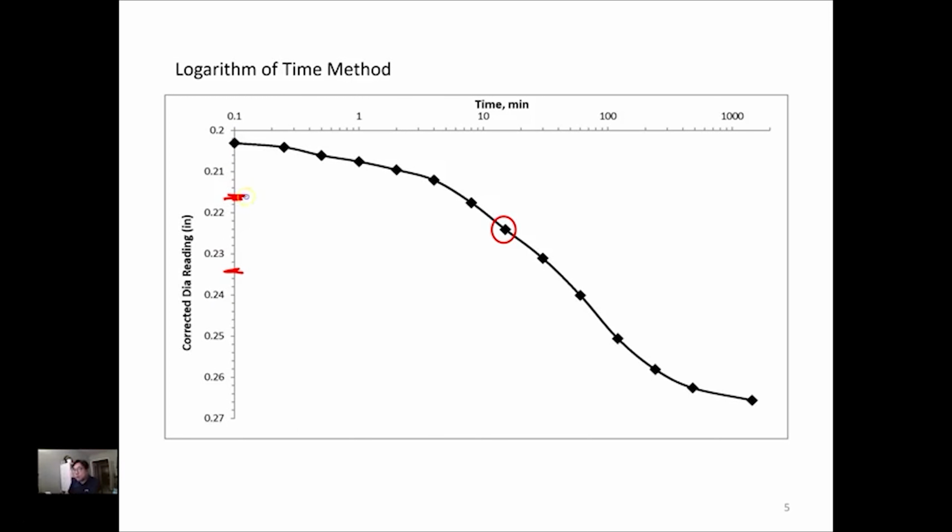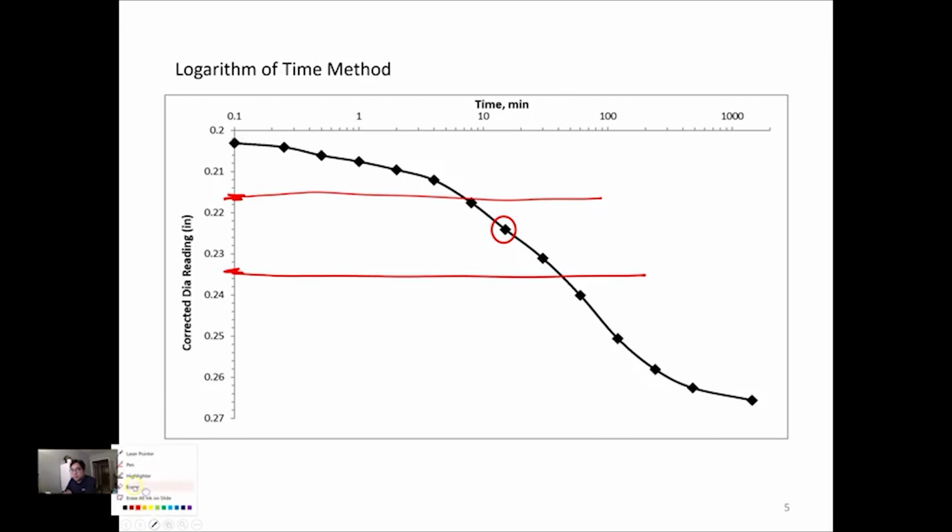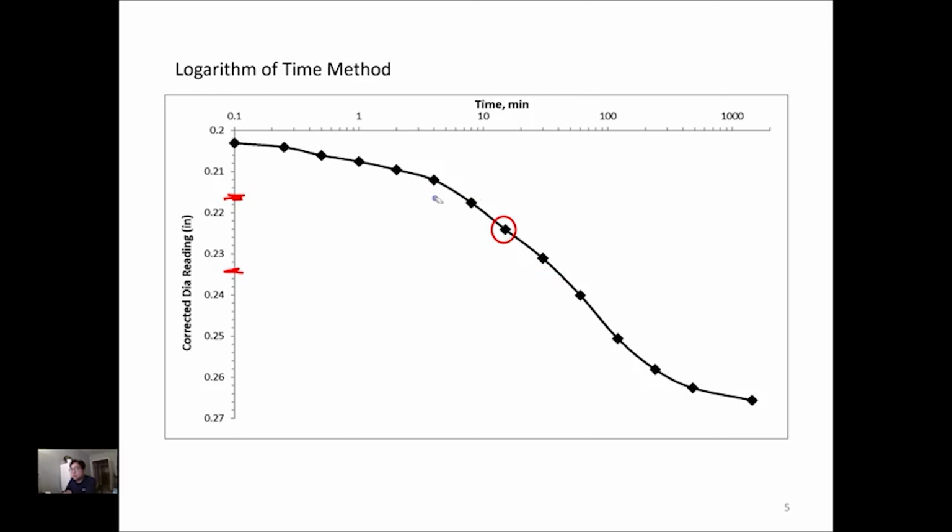Between this line of 1/4 and this line of 1/2 of the total settlement at this particular stress level, we can pick any point. So here I pick this point right there, and from there we can start our engineering procedure.